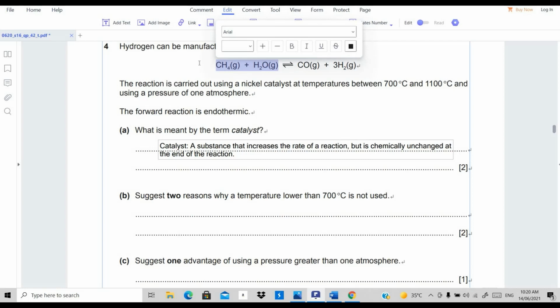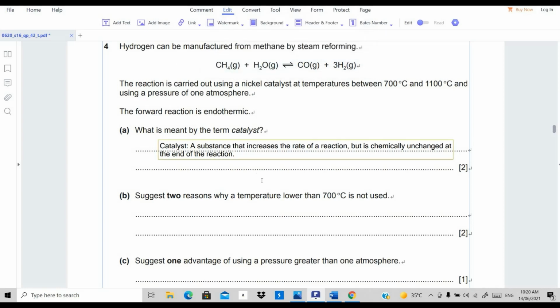So the yield of products will be less, and there is also one more reason. What will happen if we use a lower temperature? The reaction rate would be too slow. Okay, so these are the two reasons you need to mention in your exam. So let me just write here.